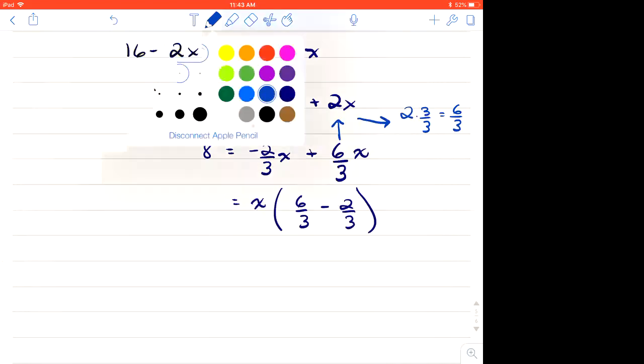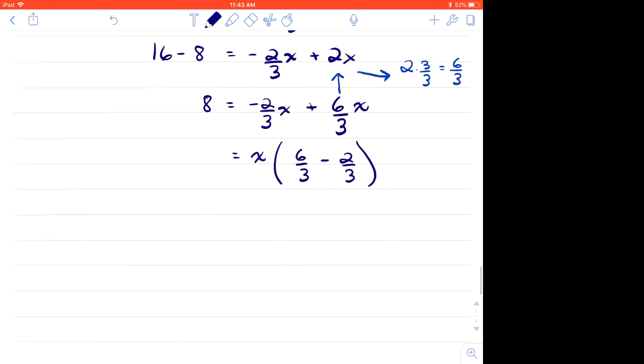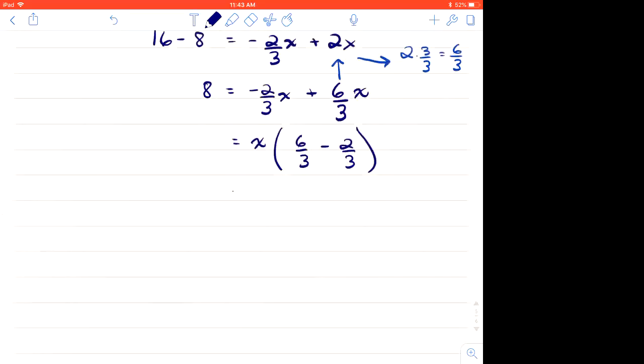Okay. So from here, now that we have these like terms with a common denominator, we can just say 6 minus 2 over 3. So now we have x times 4 over 3. And we've got 8 on the left-hand side, just holding steady.